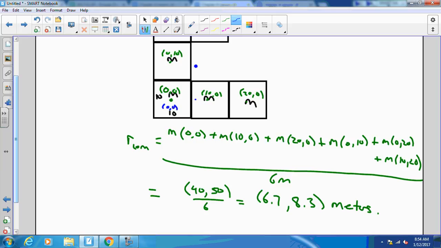So the key to making this a relatively easy problem was to choose a good origin, and then to assign coordinates to all the pieces.